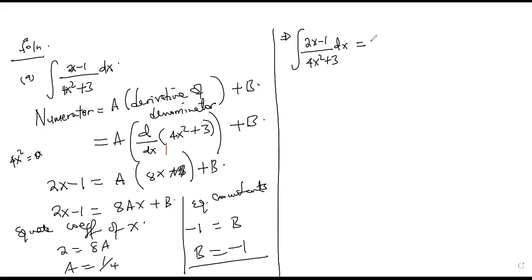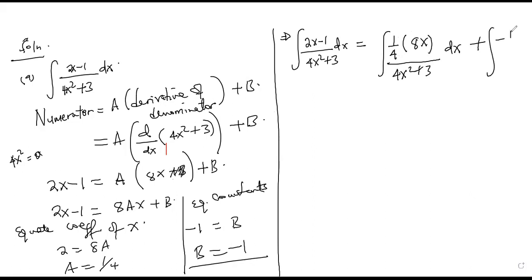So it is going to be the integral of a quarter times 8x, because A is a quarter, over the denominator 4x squared plus 3 dx, then plus the value of B, which is -1.